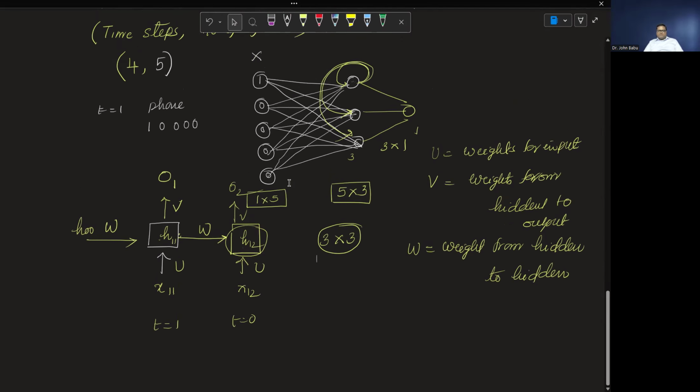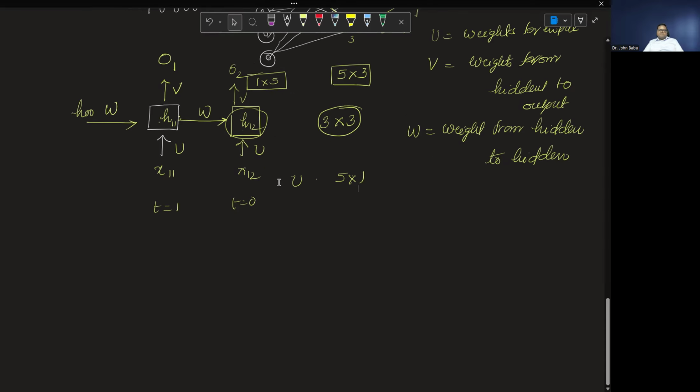So what are the dimensions here? U, input weights, 5 cross 1. Then V, output weights, 3 cross 1. W, hidden, 3 cross 3.